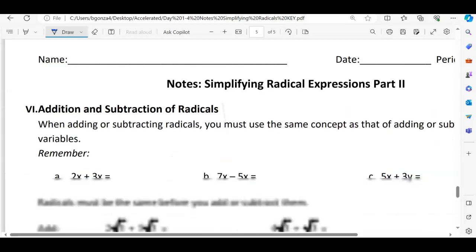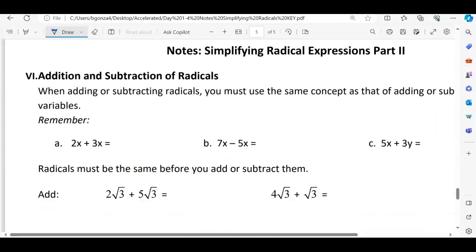All right, on the last page here, adding and subtracting radicals. So look right here. Before we talk about radicals, let's go back in time and talk about variables. What is 2x plus 3x?